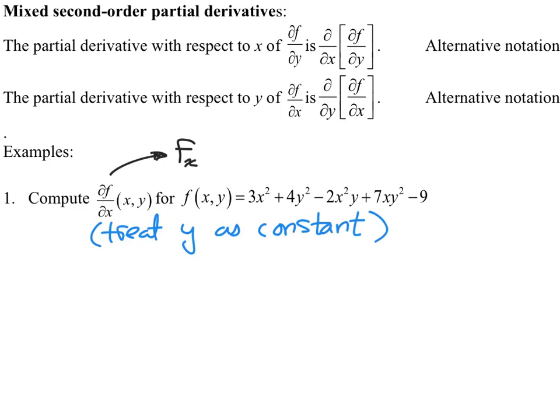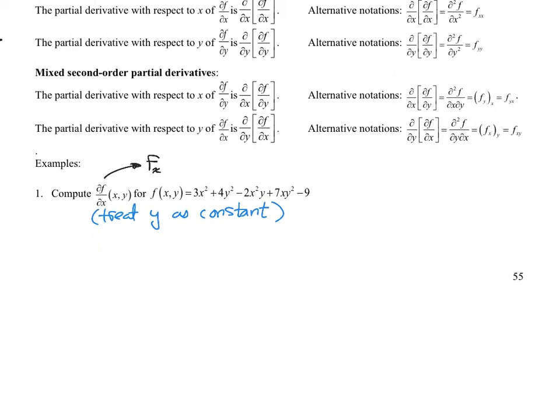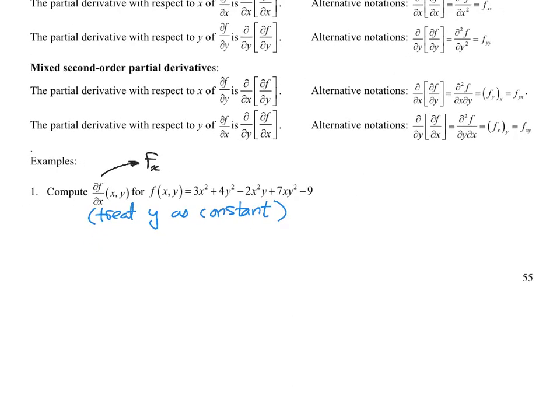And then when you get into second order partials, here's a second order partial. For example, this is a mixed second order partial. First derivative with respect to x, second derivative with respect to y. You could write it like that, but if you use this notation, it's much simpler. So we'll get to that in a minute.